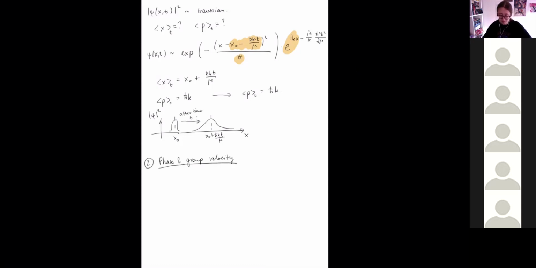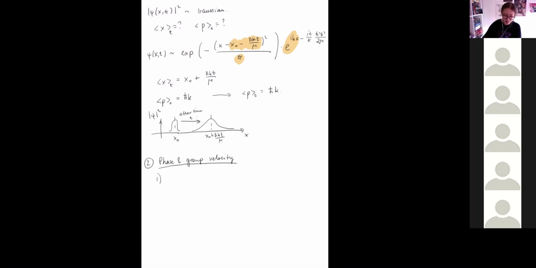As we've seen in the previous exercise, when considering the evolution of the Gaussian packet, under the free particle Hamiltonian it moves along the x-axis in a particular way. There are two velocities that we can distinguish for these types of wave packets.